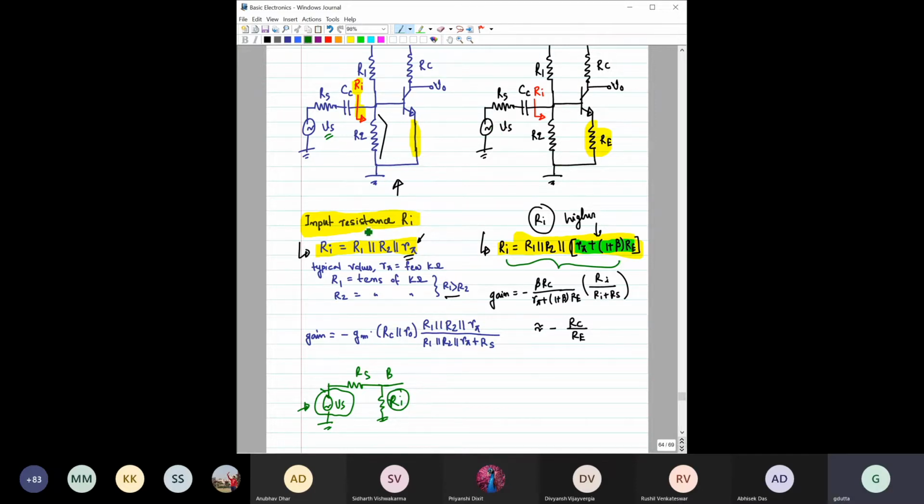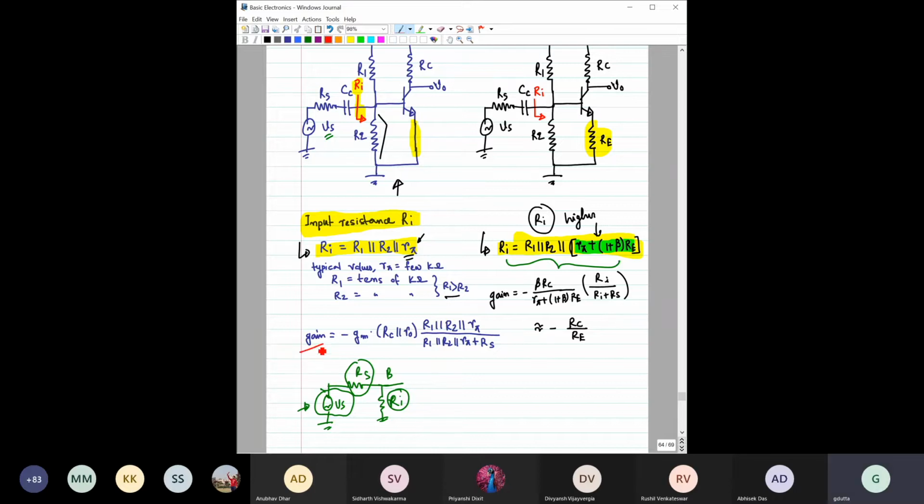However, for this case, as this RI is lower, there will be loading effect. Loading effect means the voltage will be divided between this RS and this input resistance here, right? And compared to this case, the VS drop across this input resistance would be lower for this case, right? So that is one advantage of having this higher input resistance. You can eliminate the loading effect.